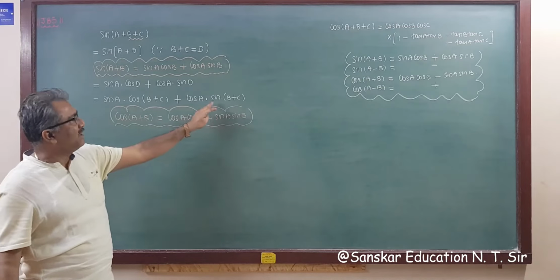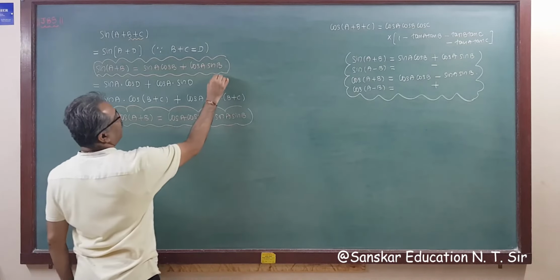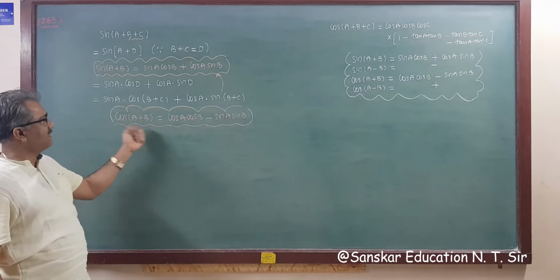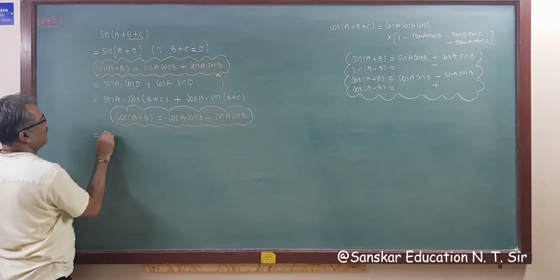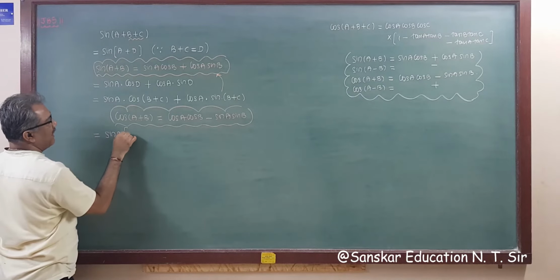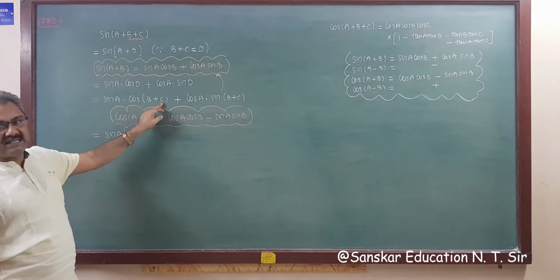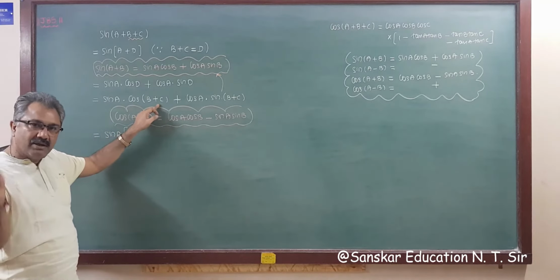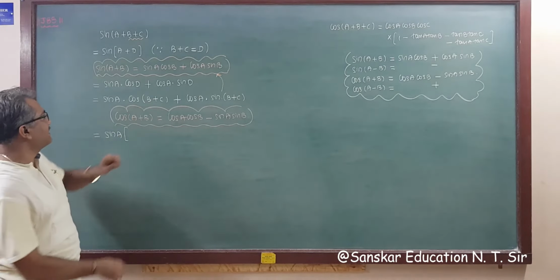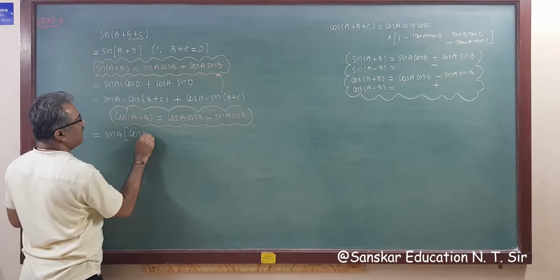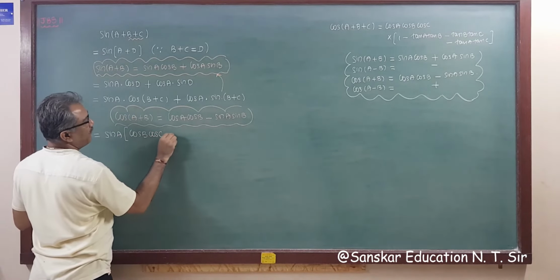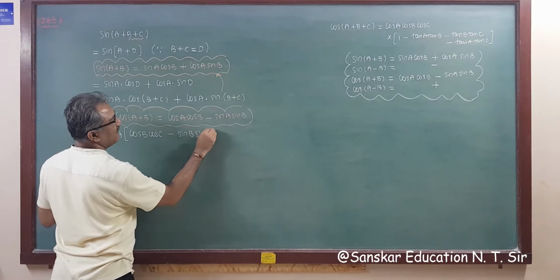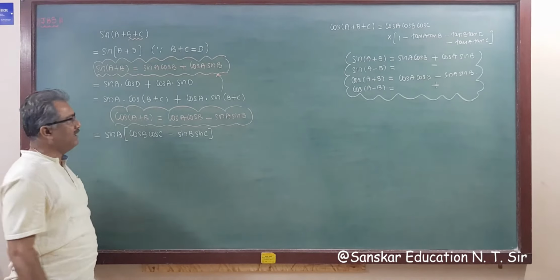And for sin(A+B), the same formula we apply here. So the answer of cos(B+C) is cos B cos C minus sin B sin C, right?